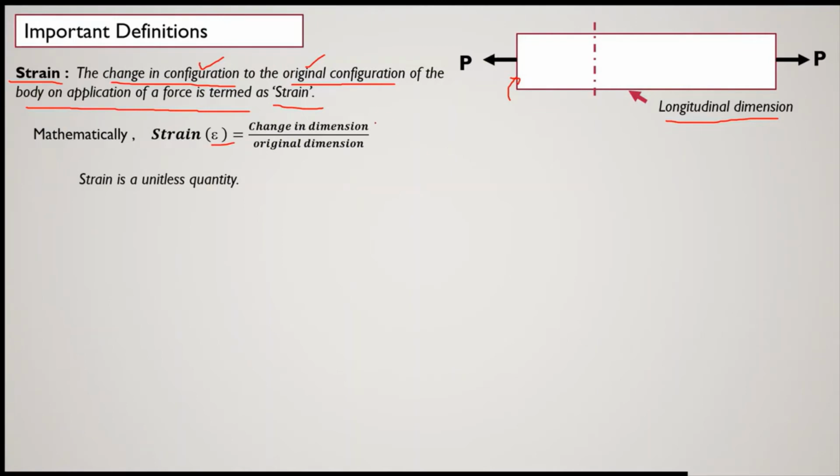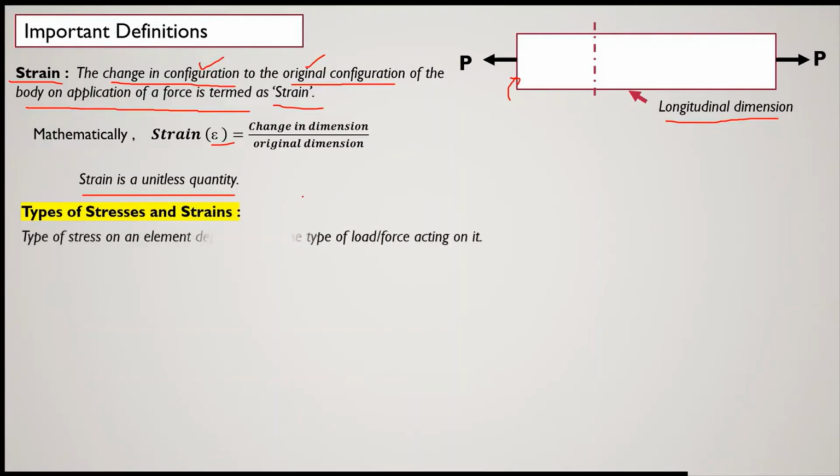Now you can see here it is the ratio of dimension to dimension. That means it may be the ratio of change in length to original length. So strain is a unitless quantity. It doesn't have any units. So now, what are the various types of stresses and strains which we have to study in strength of material?